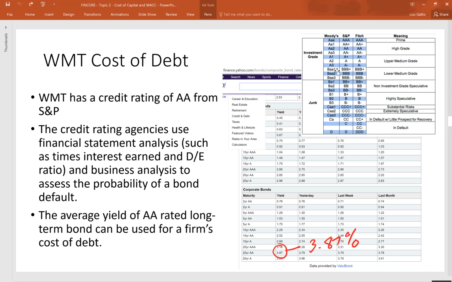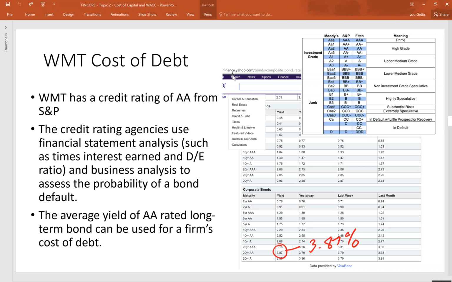Walmart, based on S&P's, Fitch's and Moody's assessment of its business risk and strategy, looking at things like the debt to equity ratio, times interest earned ratio, and quick ratio, is determined to be a AA rated firm.